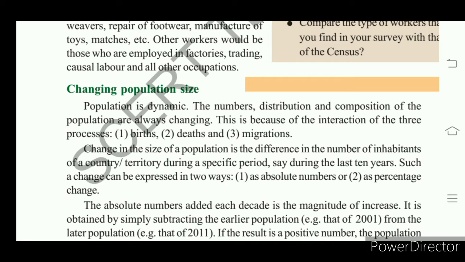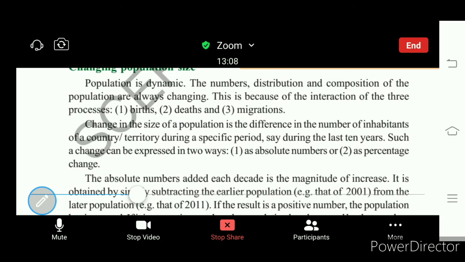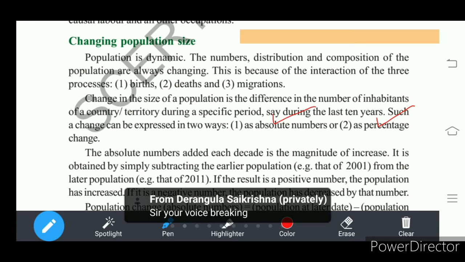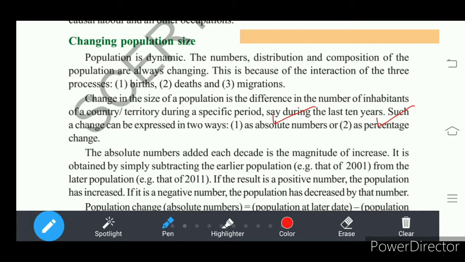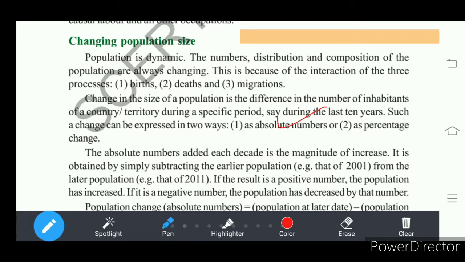This change in the population is expressed in two ways, that is absolute number and percentage. One is absolute numbers, the second is percentage. What is meant by absolute numbers?